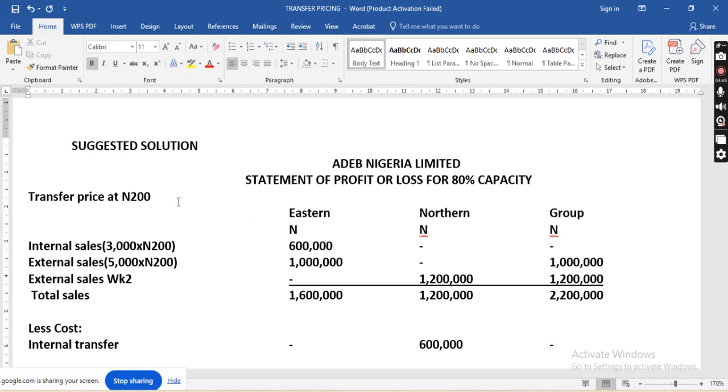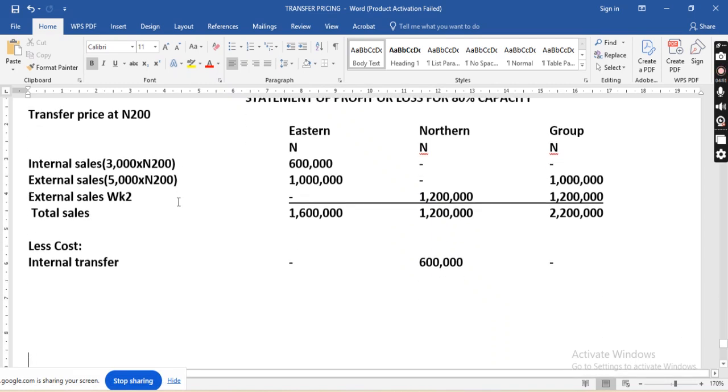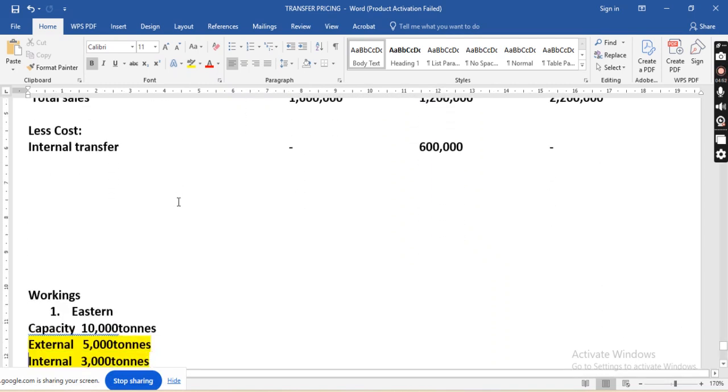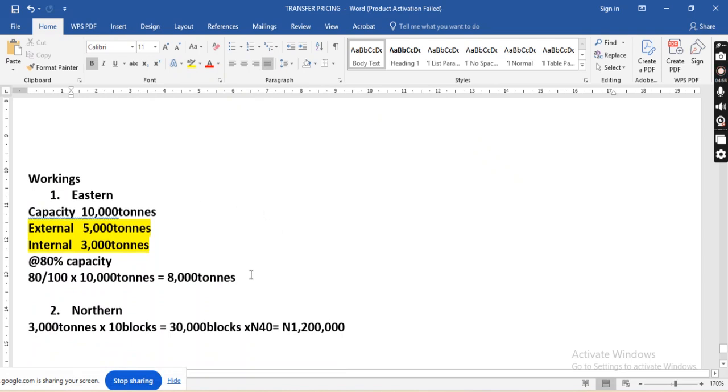Okay. So before we bring in the cost, right? At 80,000 capacity, it will give 8,000 tons, and that is why they have the capacity to produce, but what they say we should do is 80,000 from 10,000 tons. That's 80% capacity, right?